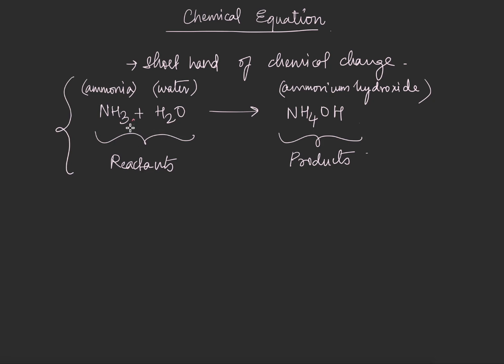For example, ammonia is present in gaseous state, water is present in liquid state, and ammonium hydroxide, because it remains dissolved in the solution it is prepared, we are going to represent it by writing (aq) in brackets. aq basically means an aqueous solution. Okay, it is a solution which is prepared in water.